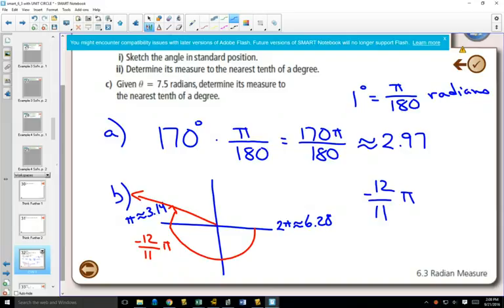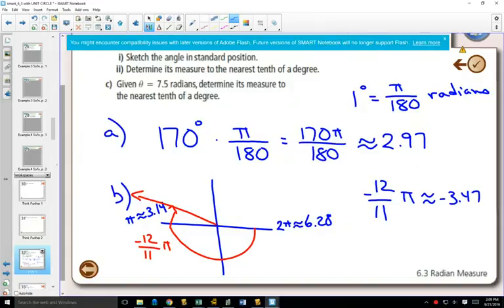If you type that into your calculator, 12 divided by 11 times pi, that's negative 3.47 radians.